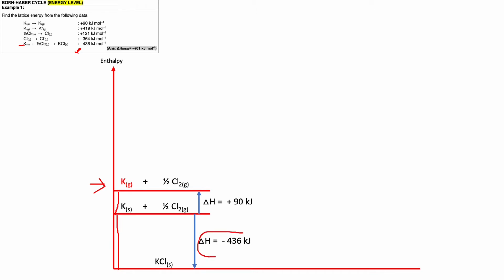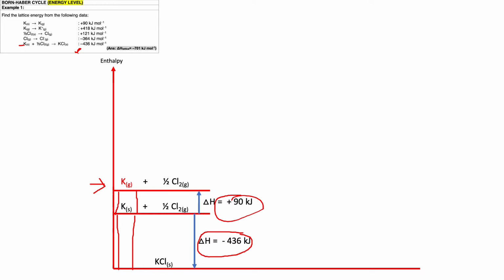The value of the enthalpy of formation here is 436, so it is bigger than the enthalpy of atomization, which is 90. That is why for enthalpy of formation, I draw a big gap, which shows the enthalpy is bigger. For enthalpy of atomization, I draw just a small gap like this, which means the enthalpy involved is just small. So you have to draw it like this.